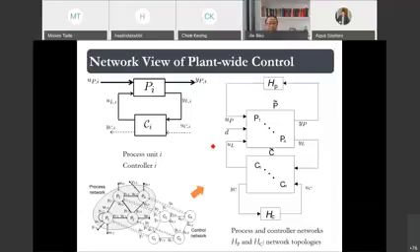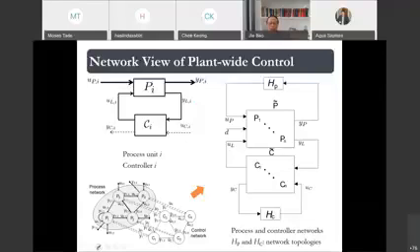Okay, now if each process unit can be represented using a two-port system, then we can have a controller which takes the measurements of the process controlled variables and manipulates the local actuators. And those controllers can talk to each other, so we also have another set of inputs and outputs of the controllers representing the communications.